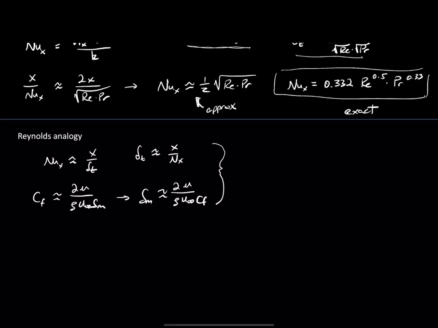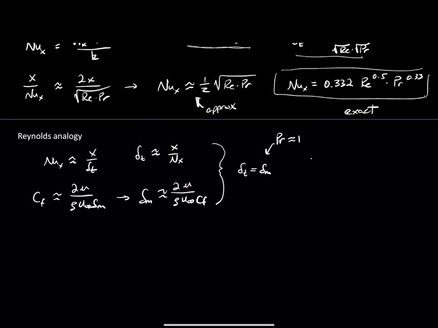So let's take these two and combine them, but let's do that by saying delta t is equal to delta m. So this is, again, like a Prandtl of approximately 1. This is not always going to have to be the case, but let's just start this way so we can equate these two expressions.